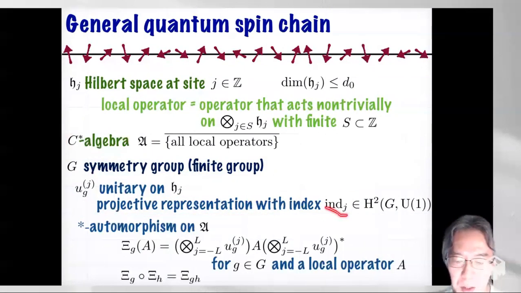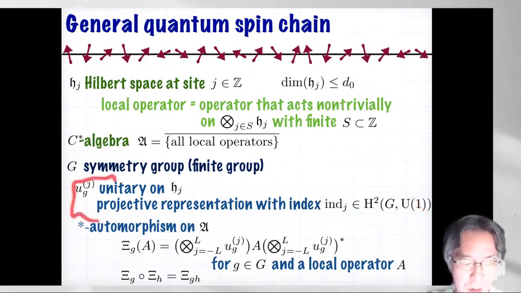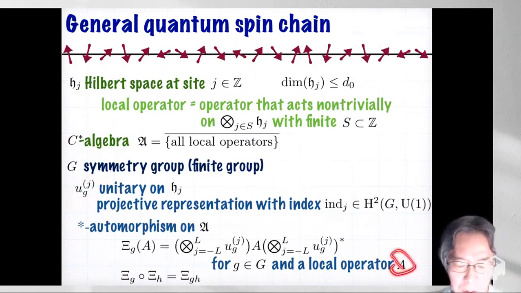And I denote by INDJ, I call this the spin index, the index at this site J. Okay, so this is something sort of easy. When you define your unitary operator, UG, since we have this unitary, of course, we can think about transforming a local operator. So let A be any local operator.